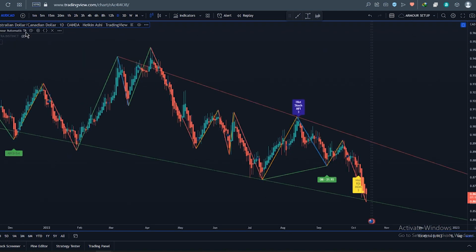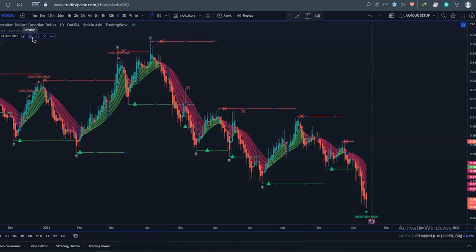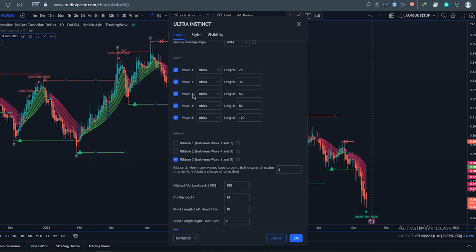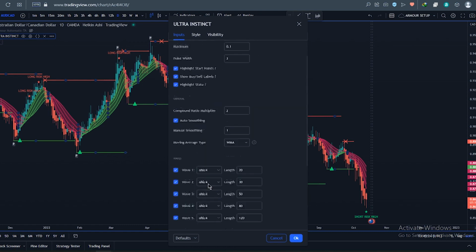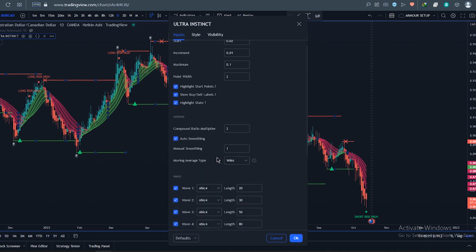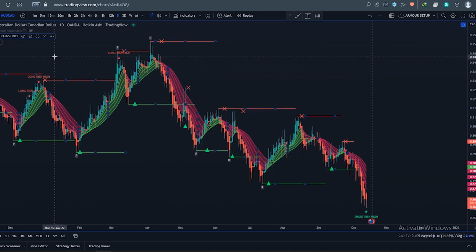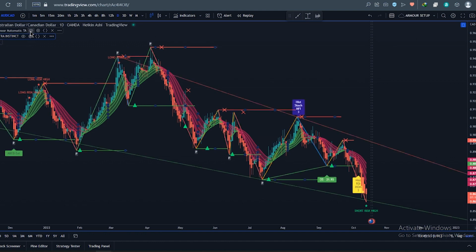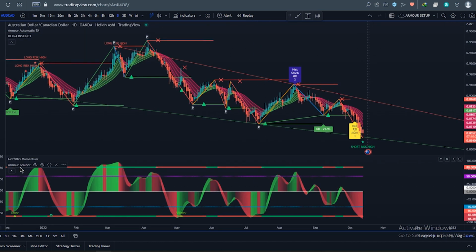So let's dig deeper. That's the second indicator called Ultra Instinct. Beautiful signals. I just use the same settings I'm using. Easy. Pause the video and use the exact same settings on your screen. Then let's move on to the final indicator, which is Armor.